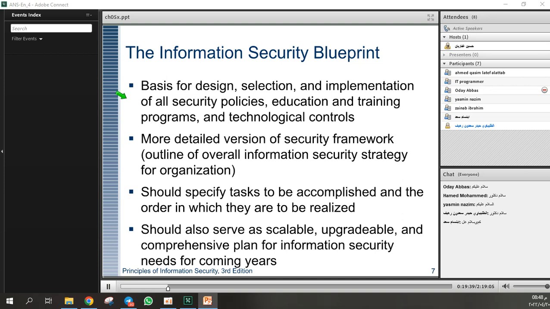According to this blueprint, we have a basis for the design, selection, and implementation of security policy, education, training, technology control, everything. So when we talk about an information security blueprint, it means that we need a top-level roadmap to check it, to control it, to apply it.